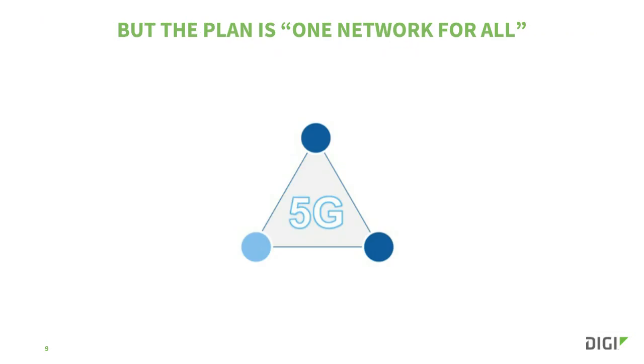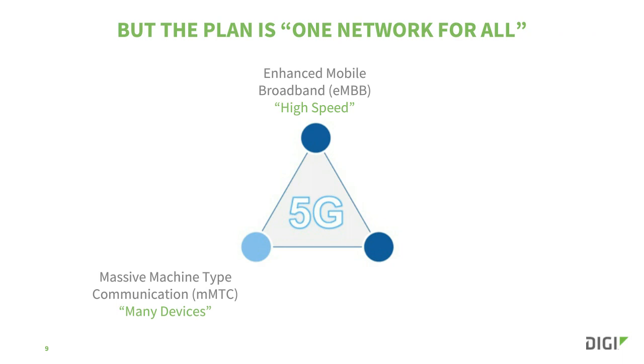We saw another version of this slide. It is a one network for all design: high speed, many devices, real time. This is a good summary of how one thinks about control systems and the many applications of IoT. All three of these things are always in the mix.